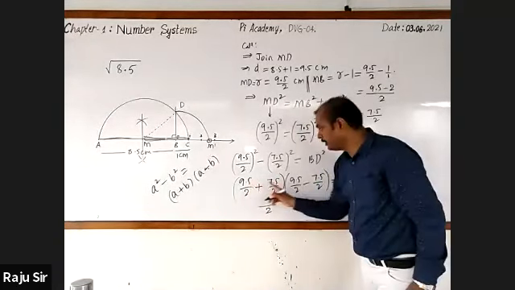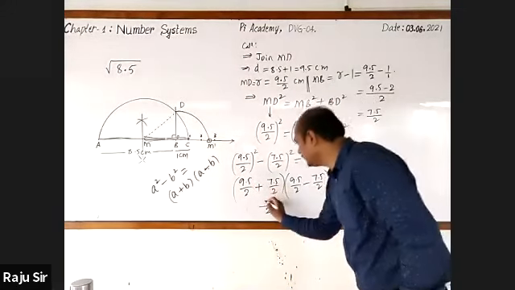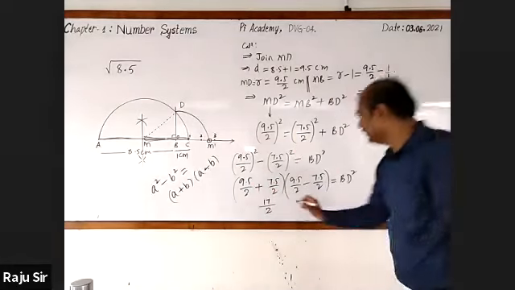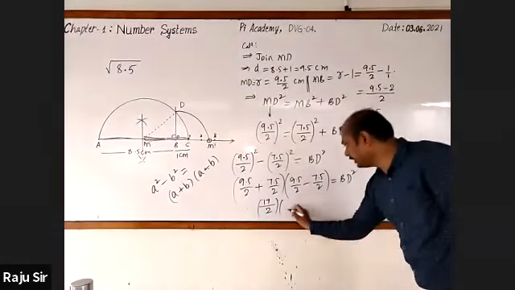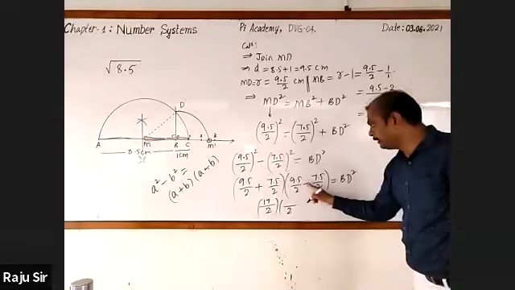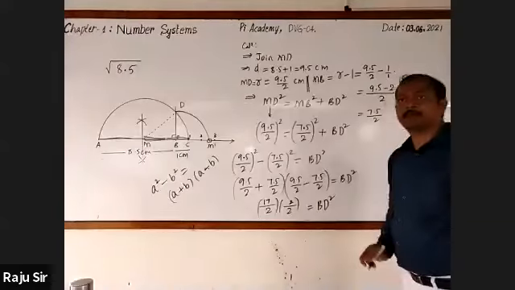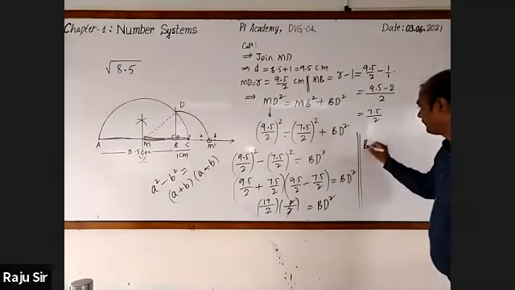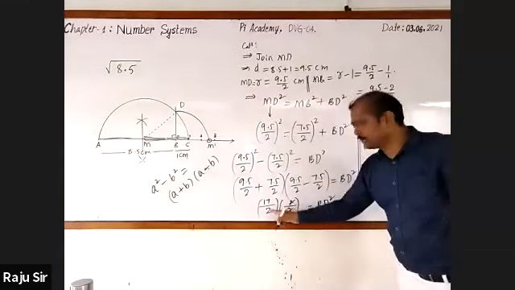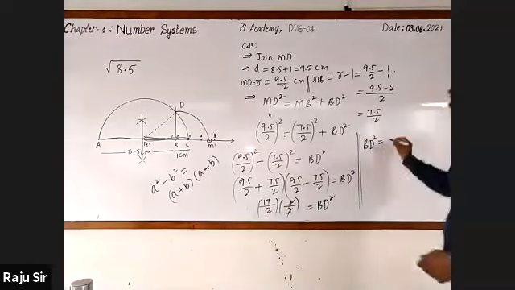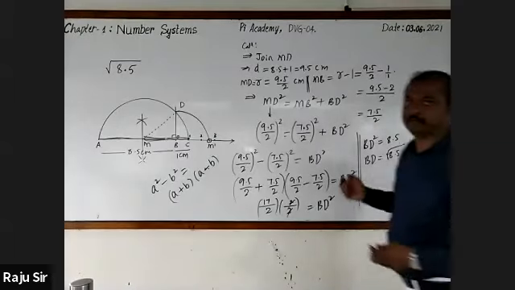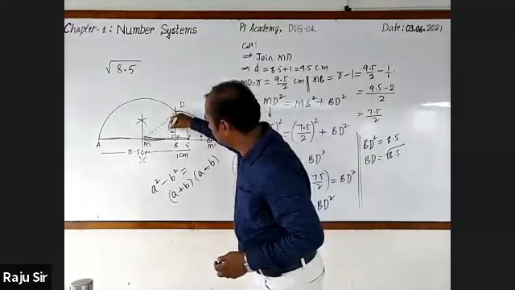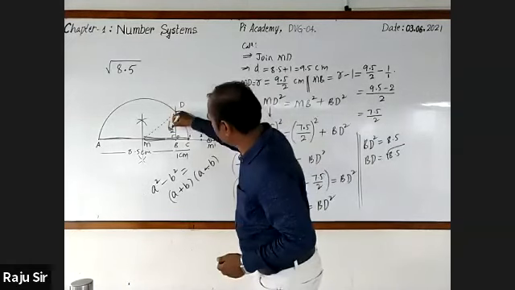Now 9.5 plus 7.5 is 17, into here again 2 is LCM, 9.5 minus 7.5 is 2, equal to BD square. 2 gets cancelled, it is 1. Now BD square is equal to 17 by 2. 17 by 2 is nothing but 8.5. Then BD is equal to square root of 8.5. Now here we will write BD is square root of 8.5.